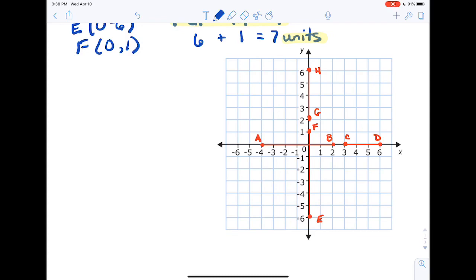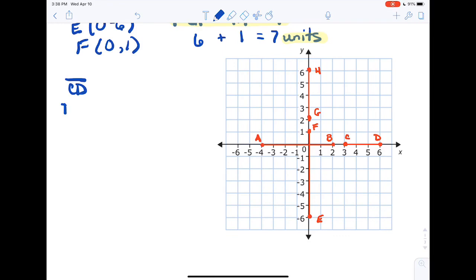We have the line CD over here. This one is a little different because you have D all the way at 6 and C back at 3. So you can't just add 3 and 6 together. That would be 9. So that is not going to work. So let's get the coordinates there again.